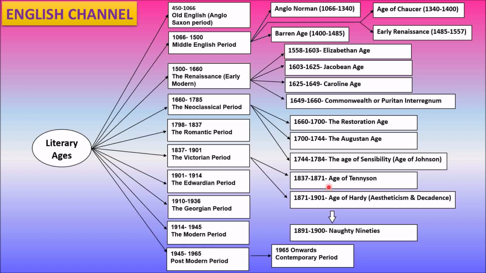So his time period is 1837 to 1871, and after 1871 to 1901, known as the age of Hardy or aestheticism, decadence. Of course, we know friends, the age of Hardy or aestheticism, the great Walter Pater. So in this period, we see Thomas Hardy, Walter Pater, and of course so many writers are there.